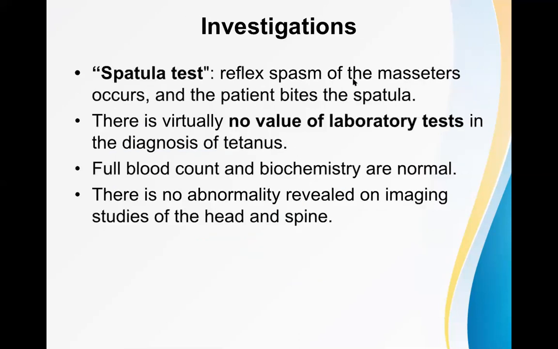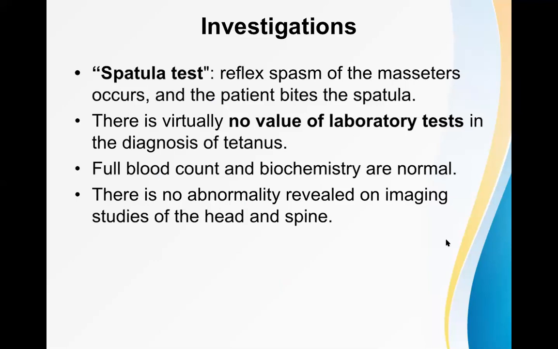Now, let's talk about what investigations we would like to do in a case of tetanus. Do we need any investigation or not? The answer is no. This is purely a clinical diagnosis. I don't need any investigation if I see features like lock jaw, risus sardonicus, hyperextended neck and back, just like a bow-like appearance, which is called opisthotonus position.